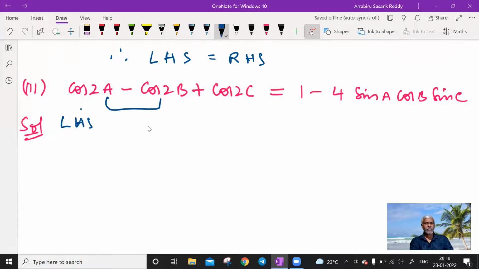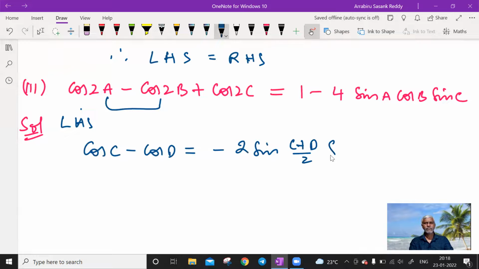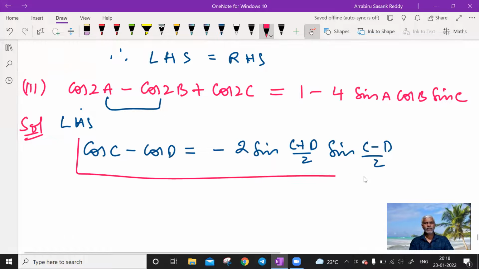This is cos C minus cos D. If you take cos C minus cos D, this is minus 2 sin (C plus D)/2 sin (C minus D)/2. So using this formula.